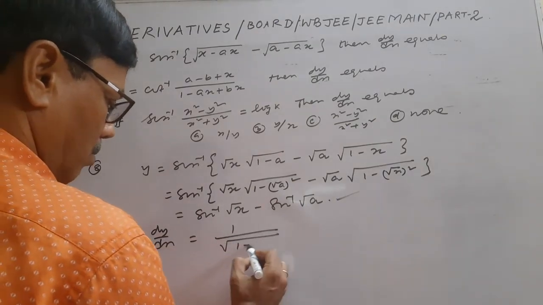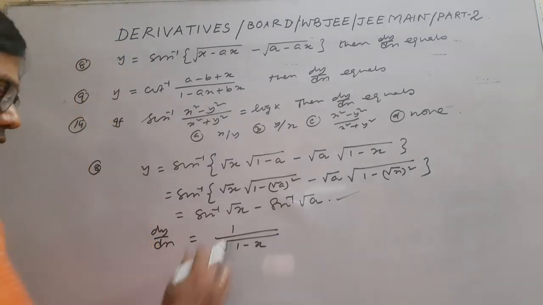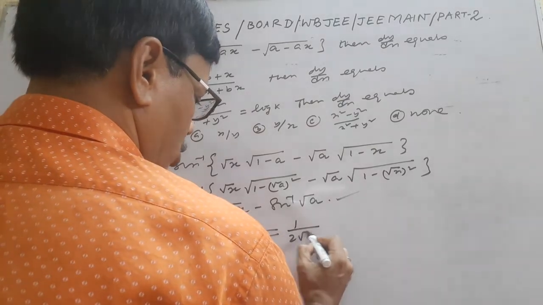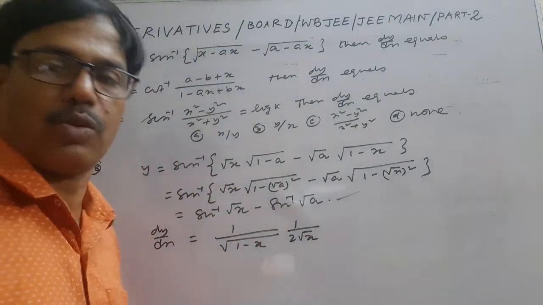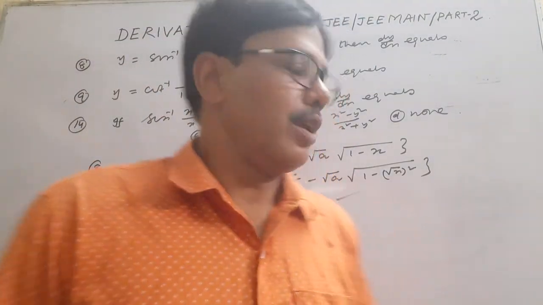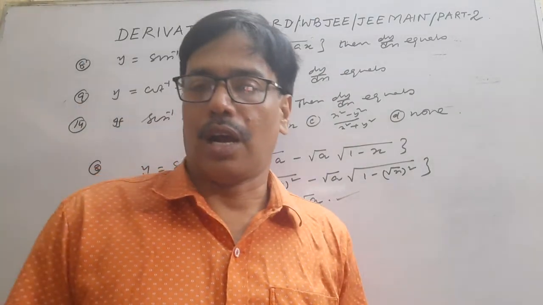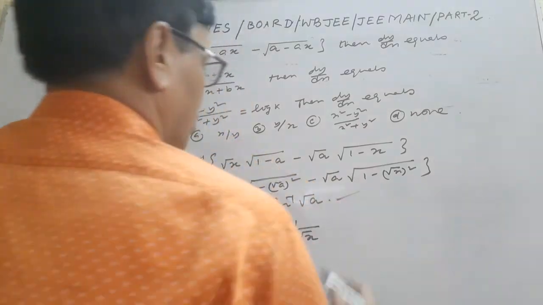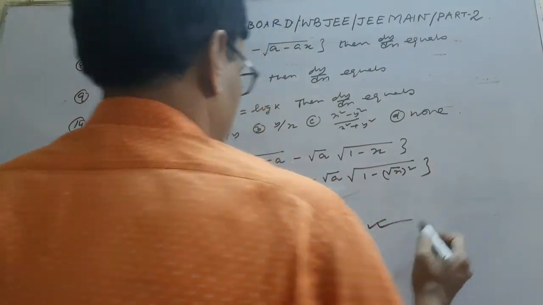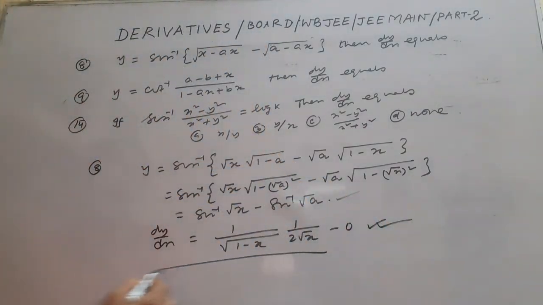Root over 1 minus x, root x whole square, d by dx of root x is 2x. And this one is constant. If it is not given what a is, other than x and y we treat it as a constant. So this is 0. So this is the value of dy by dx.